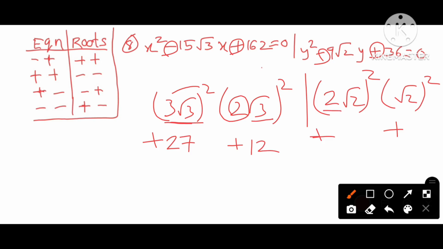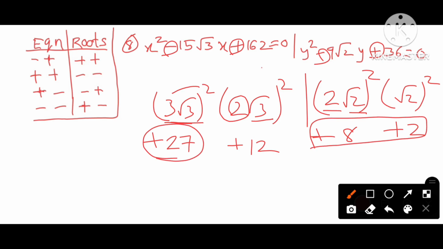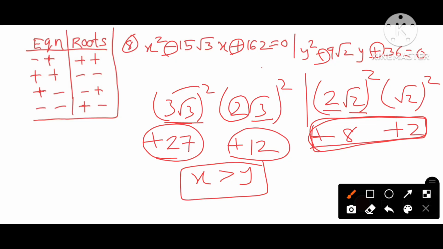Here 2 square is 4, 4 into 2 is 8, and root 2 whole square is 2. Now comparing 27 with the y roots, it is clear that x is greater than y. And comparing 12 with both the roots of y, it is also clear that x is greater than y. So our answer for this question is x is greater than y.